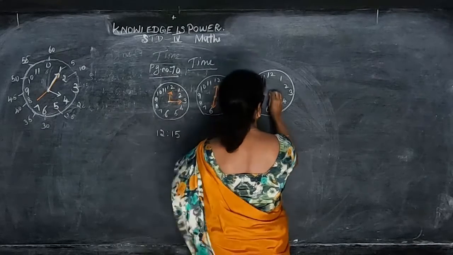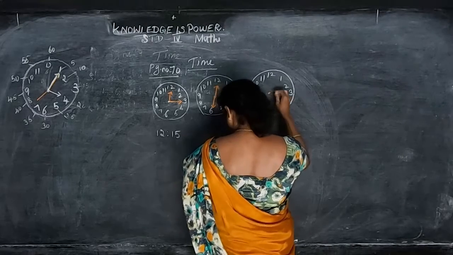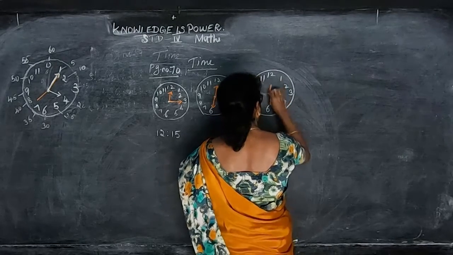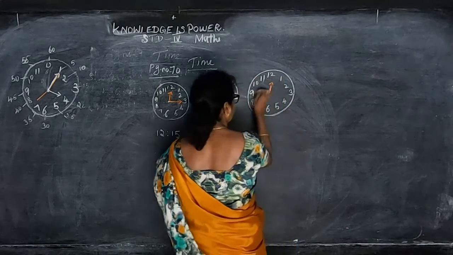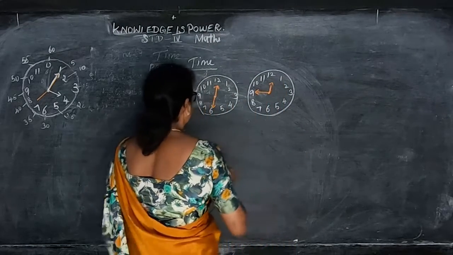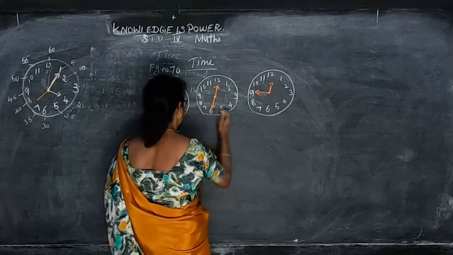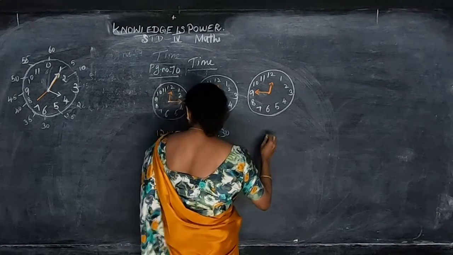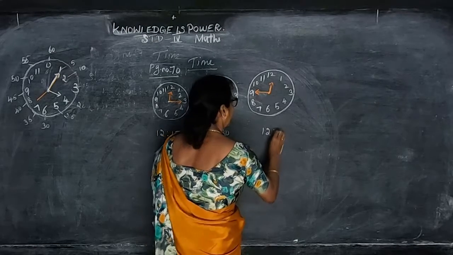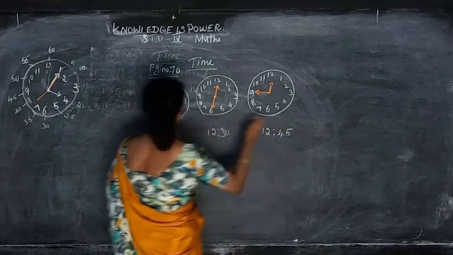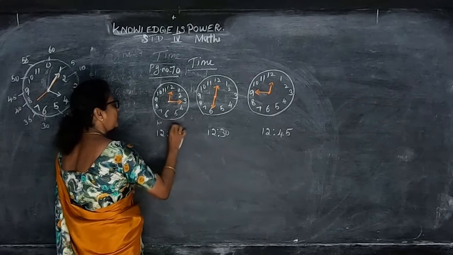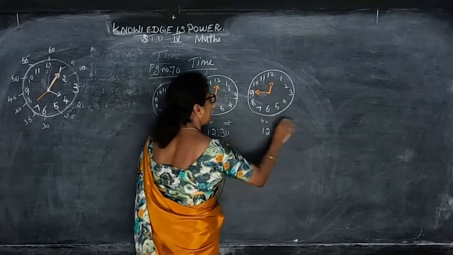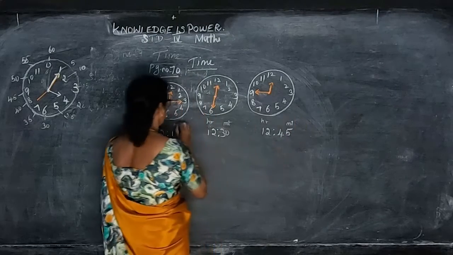And then here 12:45. So the time is 12:30 and here it is 12:45. So the time is hours and minutes. This is hours and this is minutes.